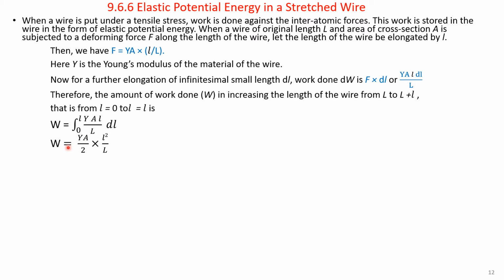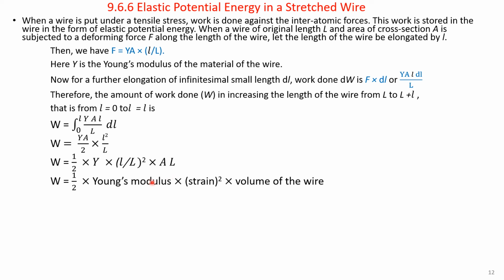And from the knowledge of integration, we get W is equal to YA divided by 2 into l square by capital L. That is given by W is equal to half of Y into l by L whole square into capital A into L. Therefore, W is equal to half of Y, the Young's modulus, into l by L, the strain, squared, into A into L, which is the volume of the wire.